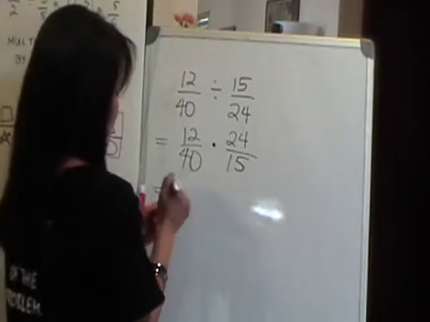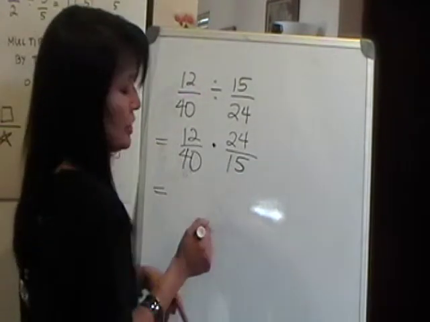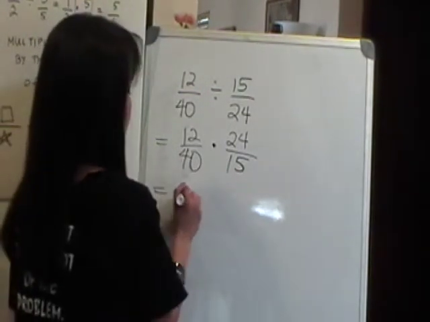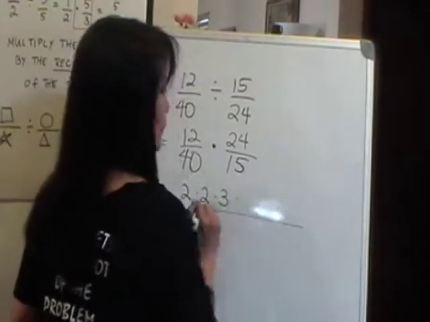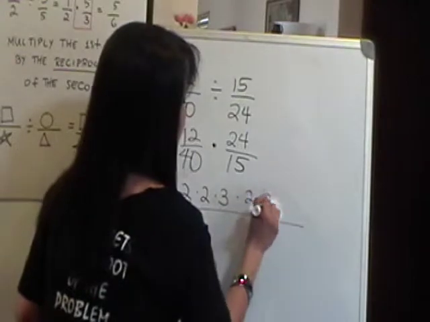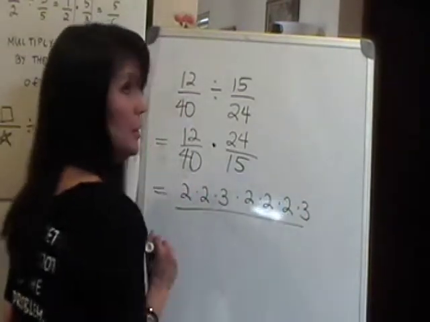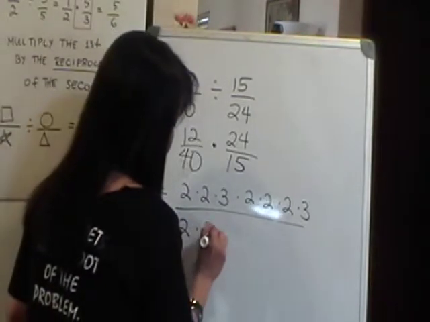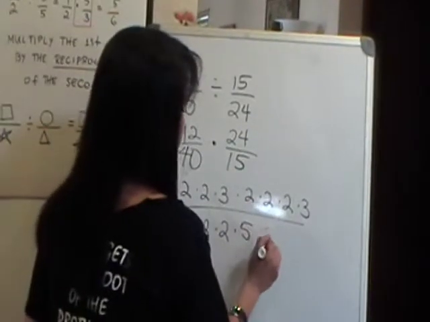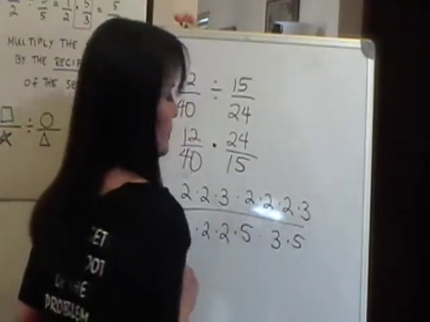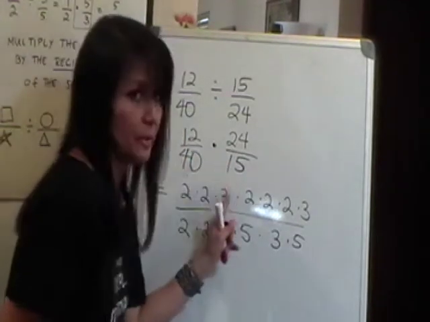I should leave it up to you to check that my prime factorizations are correct. 12 will be 2 times 2 times 3. 24 is 2 times 2 times 2 times 3. 40 is 2 times 2 times 2 times 5. 15 is 3 times 5. So all I did was break down each of these four whole numbers.